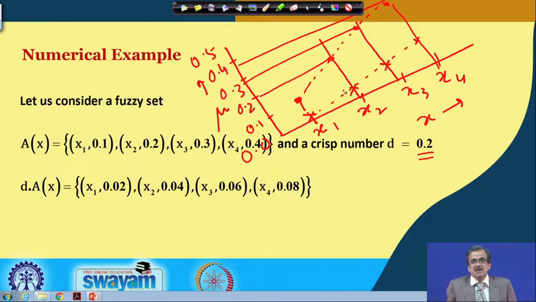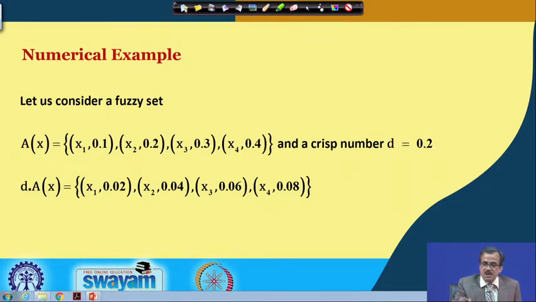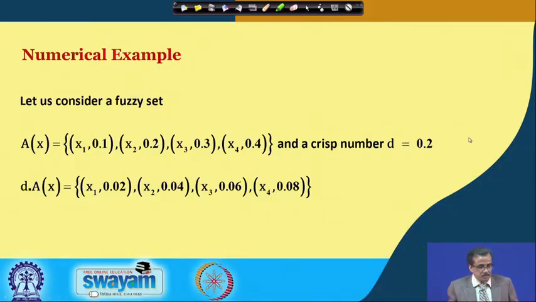This is the physical significance of multiplication of a fuzzy set by some crisp number. I think this idea is clear to you.